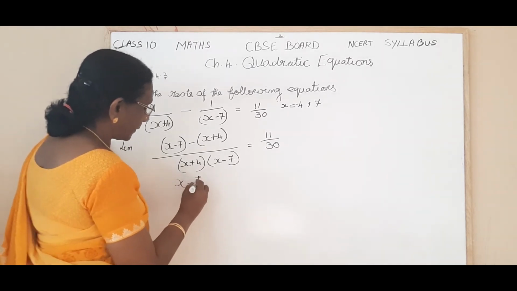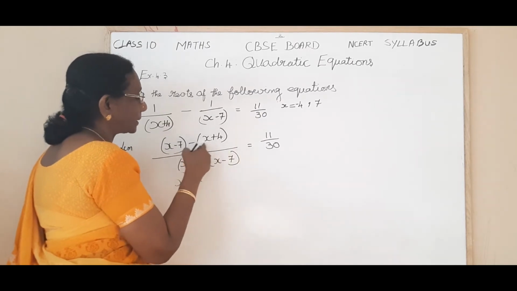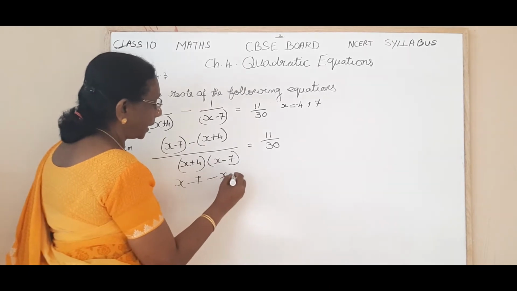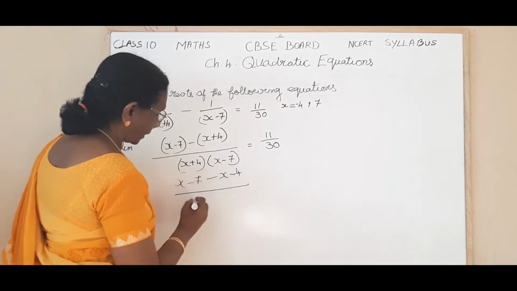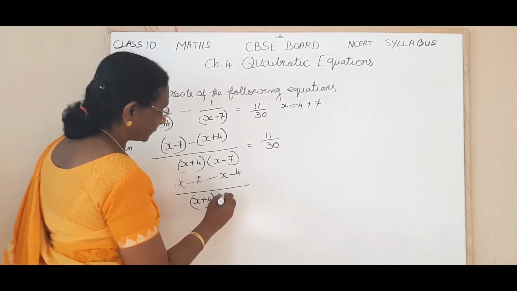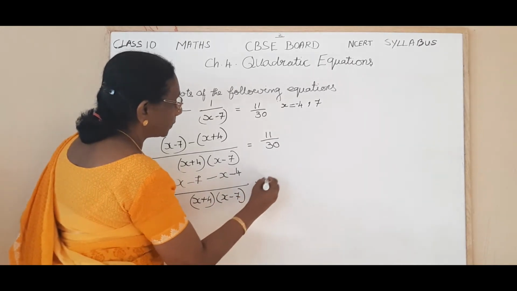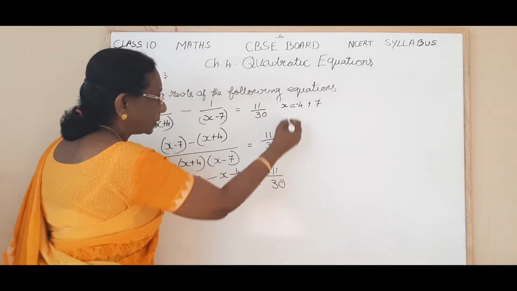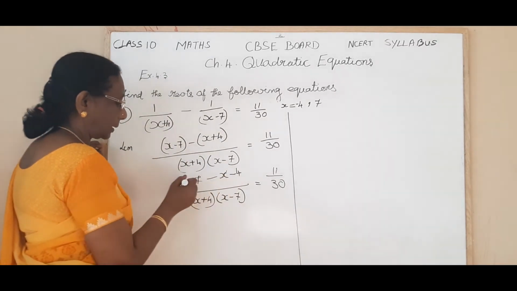x minus 7 minus, you multiply by minus of minus x minus 4 by x plus 4 into x minus 7 is equal to 11 by 30. Okay, now here x minus x, they will get cancelled.